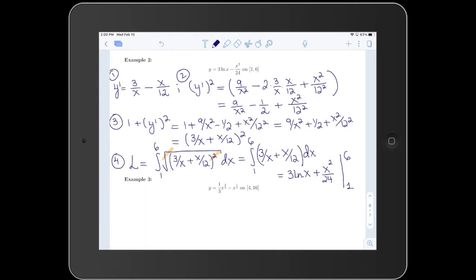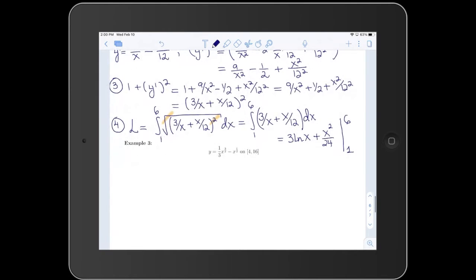Okay, so I'm going to bring this down a little bit here. What do we get? This is 3 natural log of 6 plus 6 squared over 24, and then minus 3 natural log of 1 minus 1 squared over 24. Okay, natural log of 1, that's 0.